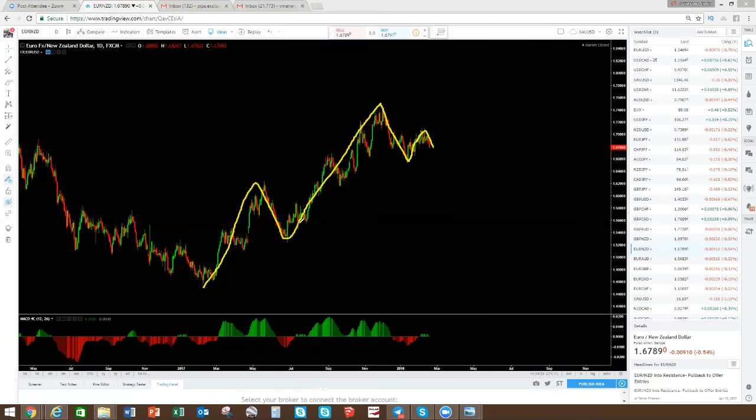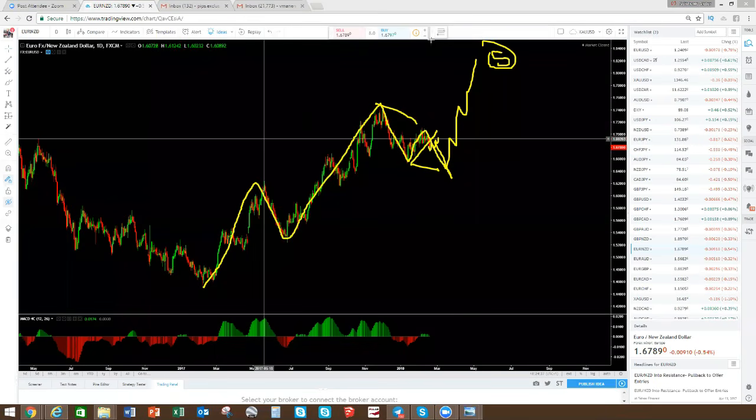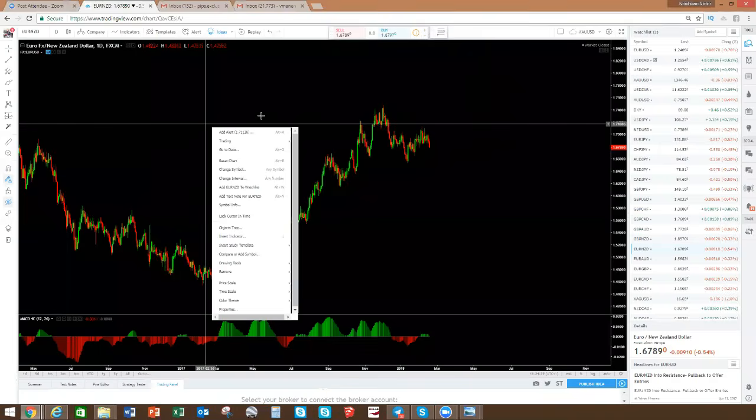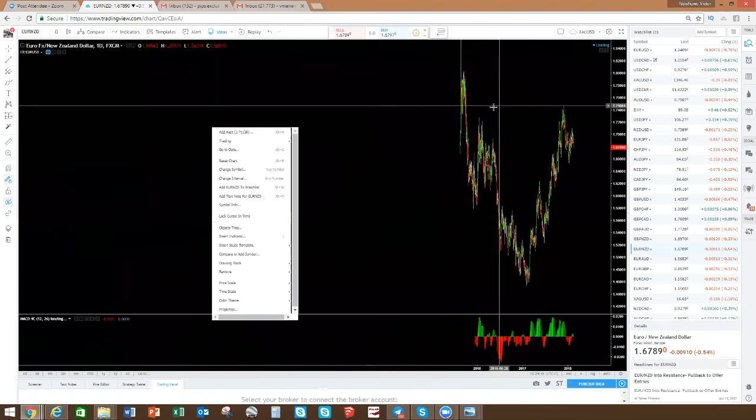This could be a wave 4, and then we get a 5. So here we may get this drop to the downside up to this level before we complete the wave 5 here. Okay, let's go higher time frame.